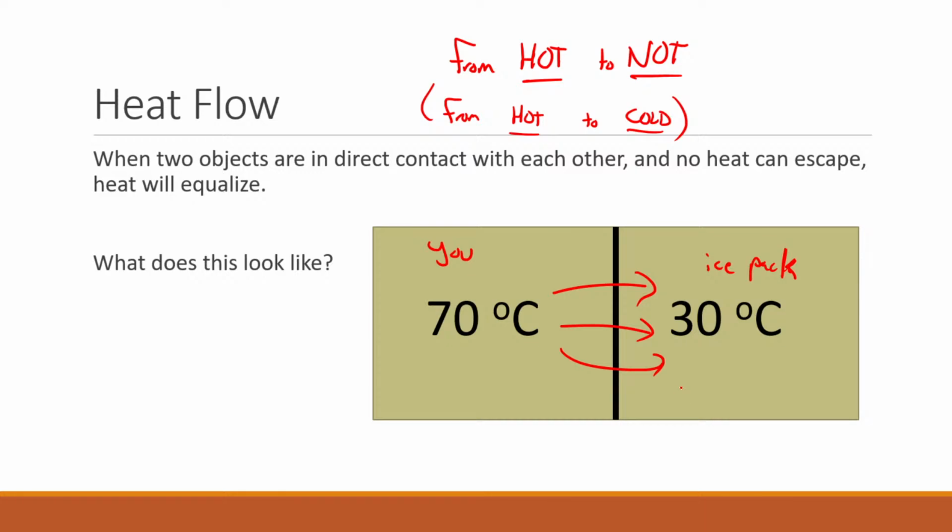If you've ever used a heat pack, one of those little glove warmers in the winter, a heat pack does the exact opposite. It is so hot that it warms you up. If you hold a piece of ice in your hand, heat gets transferred from your hand into that piece of ice.